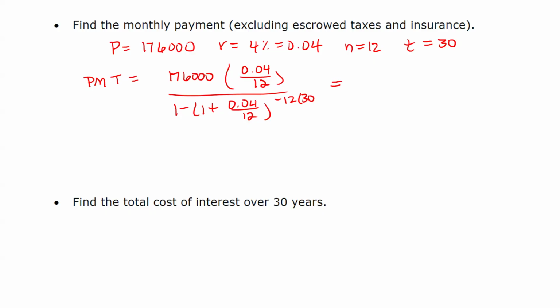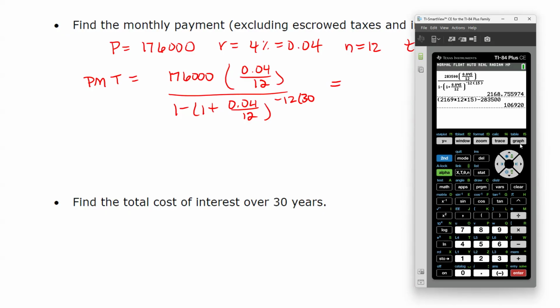So we're going to enter these values into our calculator. Let's clear this. So alpha x 176,000. I forgot to put a parenthesis, so let's do that again. Now it looks the same.